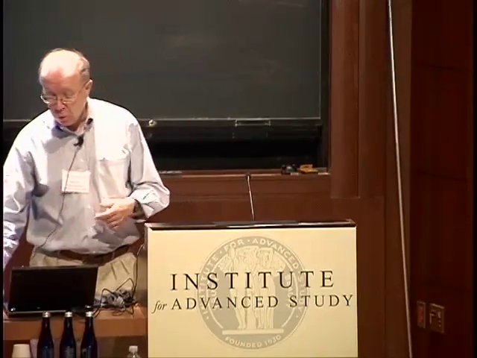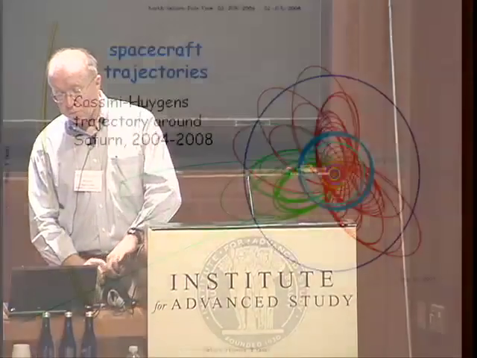This morning's lecture is on geometric methods for orbit integration. And let me first remind you that orbit integration is one of the really fundamental components of a very wide variety of problems in astrophysics. As an example, of course, is spacecraft trajectories.